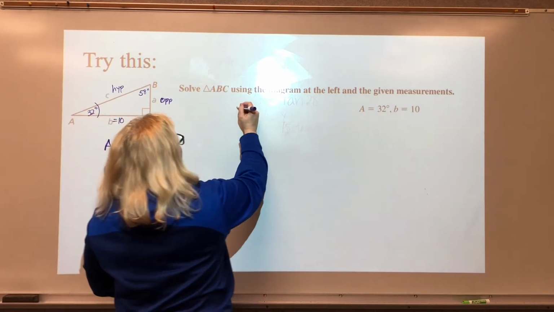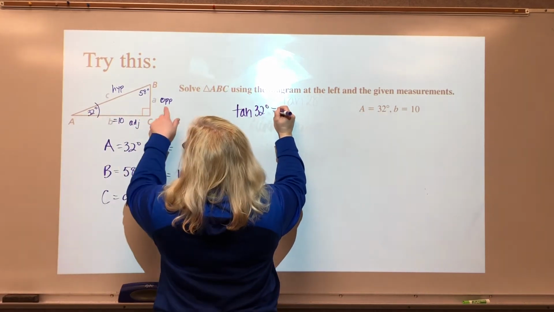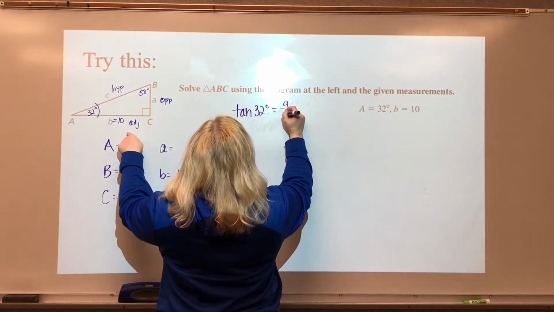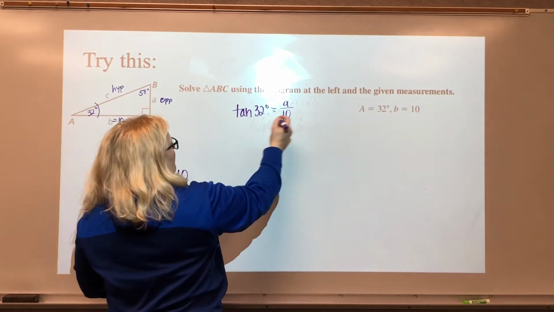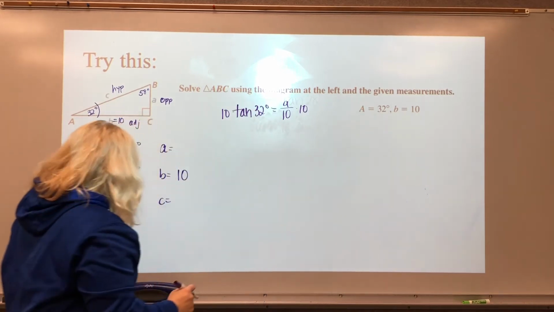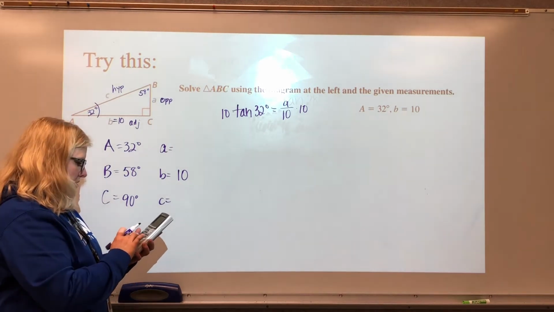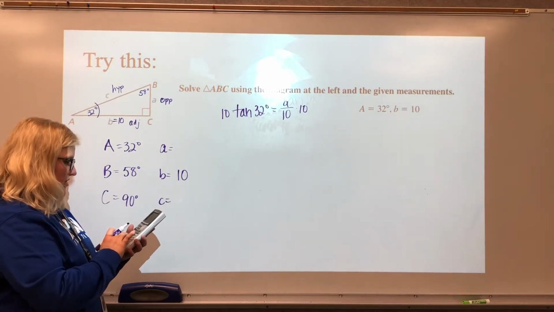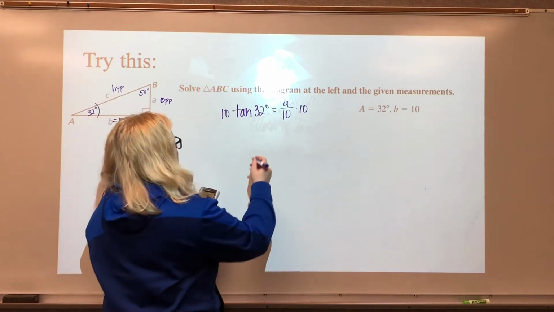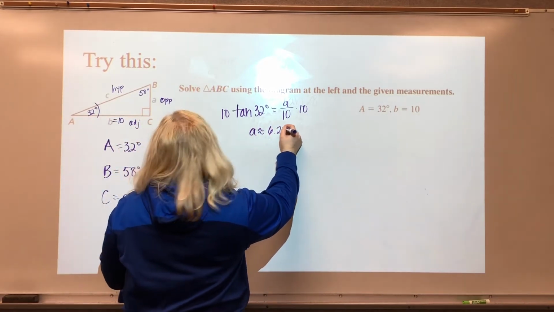So that is tangent. So the tangent of 32 degrees equals opposite over adjacent, so A over 10. If I multiply both sides by 10, then I get A. So 10 times the tangent of 32 is, A is approximately 6.25.